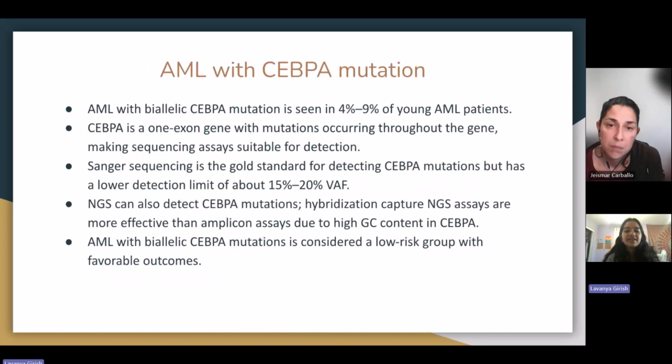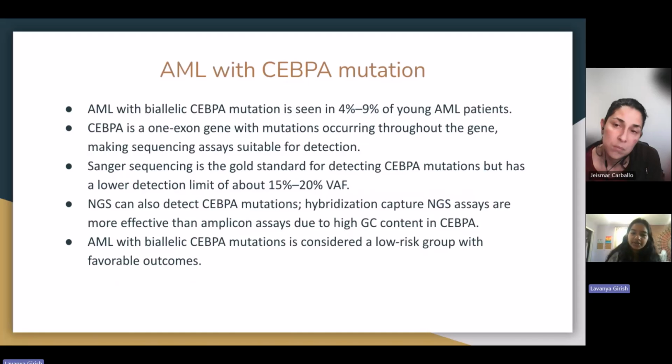The next mutation is AML with a CEBPA mutation. This is seen in about 4 to 9% of young AML patients, and it is a one-exon gene with mutations occurring throughout the gene, making sequencing assays suitable for detection of this mutation. Sanger sequencing is the most popular to detect this mutation, but has a lower detection limit of about 15 to 20% variant allele frequency.